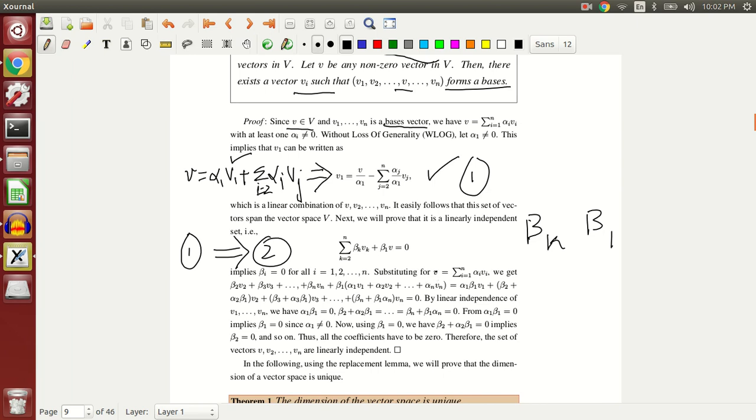When you substitute vector v with a combination of alpha i vi, we get beta 2 v2, beta 3 v3 till beta n vn, and then add beta 1. Essentially expanding this, here beta 2 to beta n vn, which is here, and we just substituted this value from our definition.